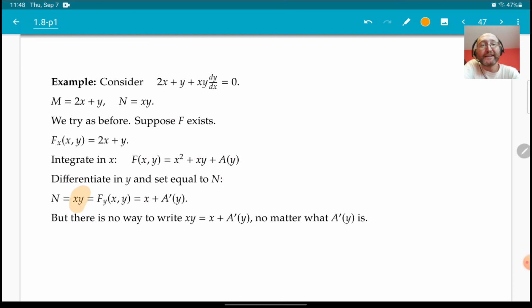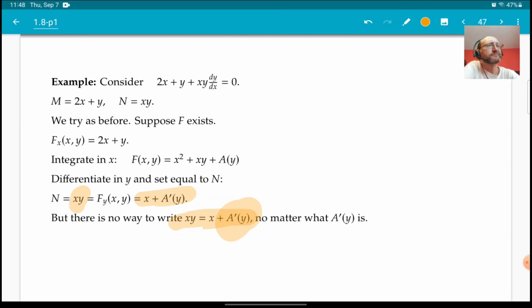You cannot write x times y as x plus some function of y. There is no way to satisfy this equation, no matter what you make a prime of y. For example, if you set y to 0, then the left hand side is 0, but the right hand side is not going to be 0. There's absolutely no way to satisfy this.